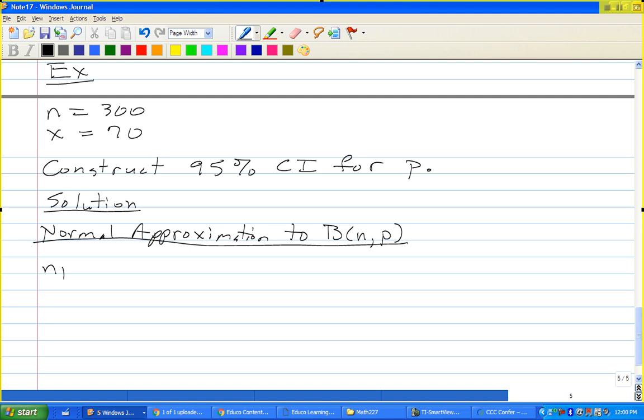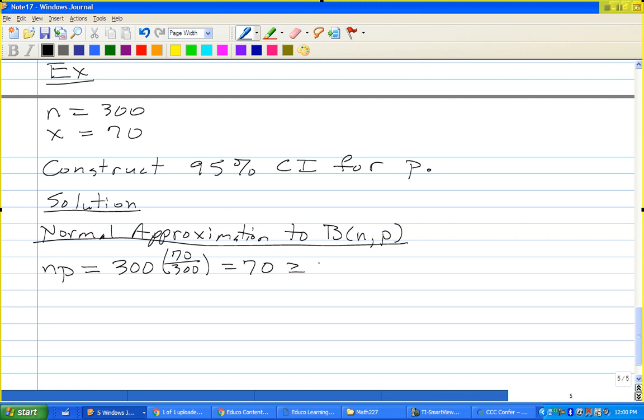And so np, n is 300. I don't have p, but I do have some sample data. So I can calculate the sample proportion from that, which is just x over n.